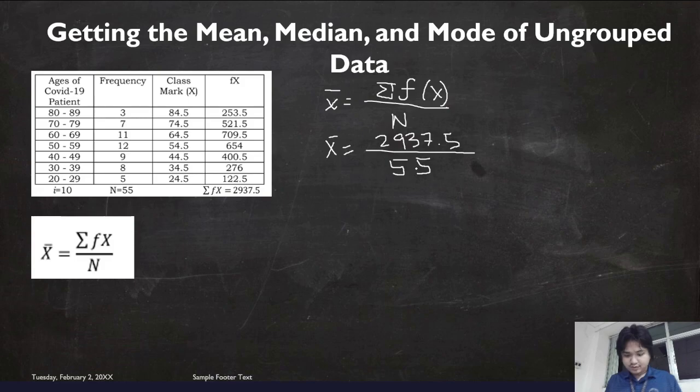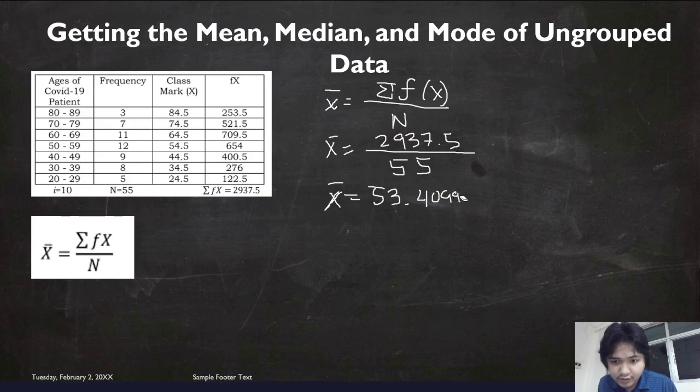Computing 2,937.5 divided by 55, we have the mean of the group data, 53.40909, and that is our mean for the group data.